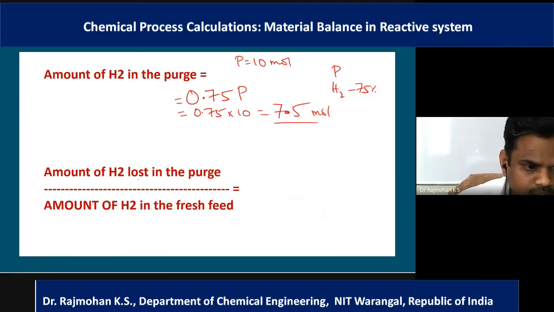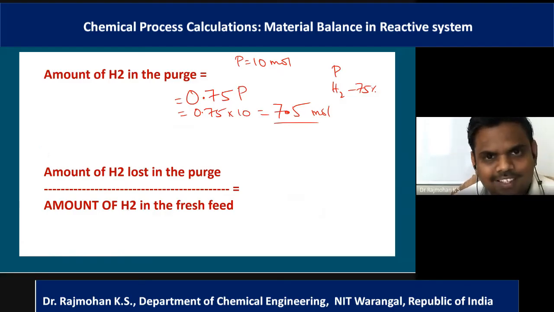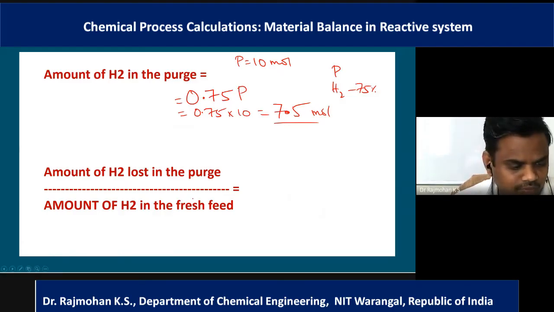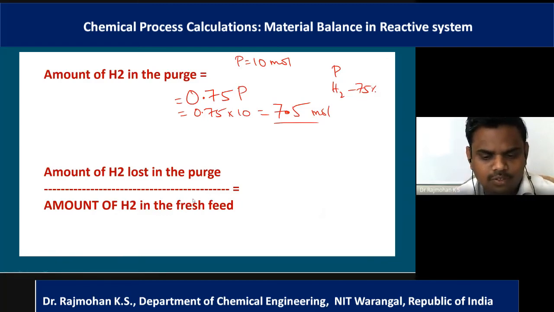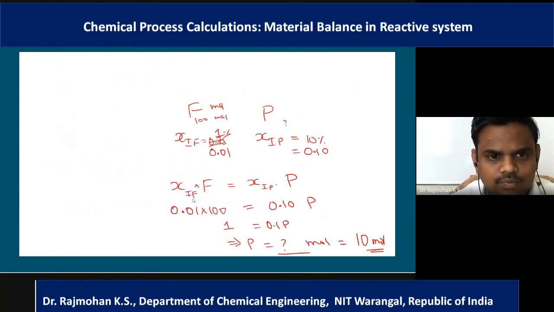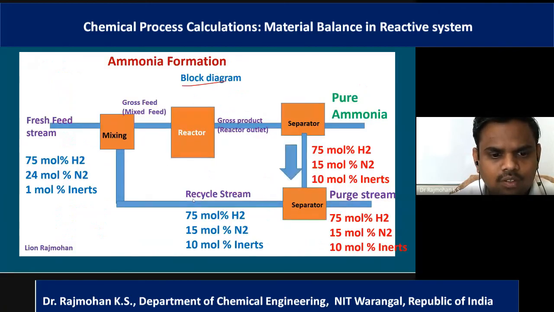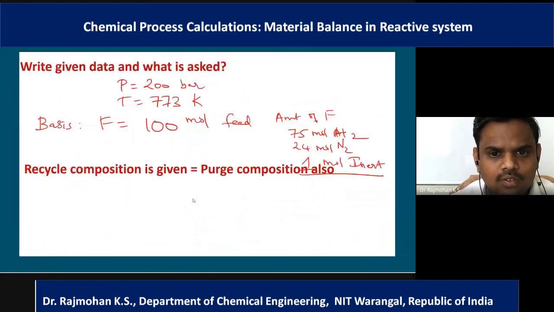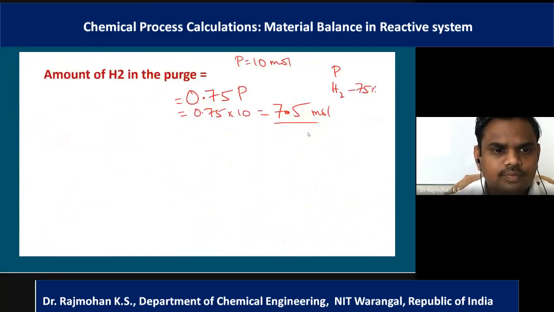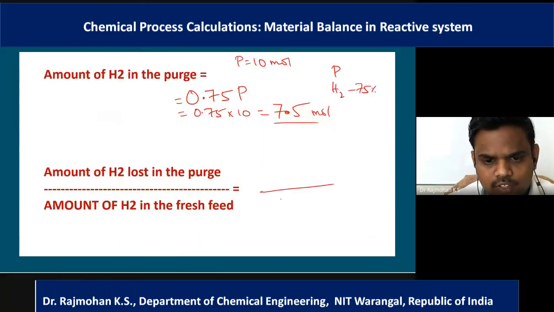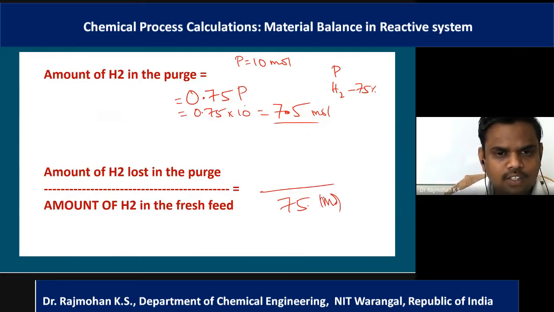The question asked is the amount of hydrogen lost in the purge by the amount of hydrogen in the fresh feed. What is the amount of hydrogen in the fresh feed? The feed composition we wrote, so the feed contains 75 kg moles of hydrogen. The amount of hydrogen lost in the purge stream is 7.5 moles.